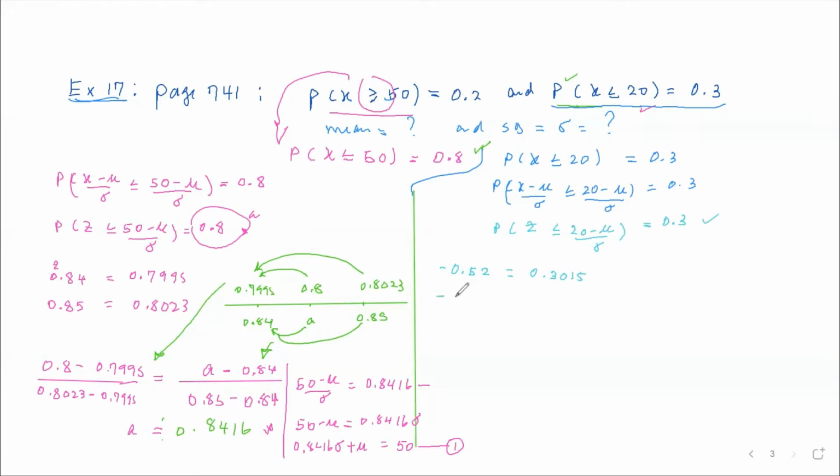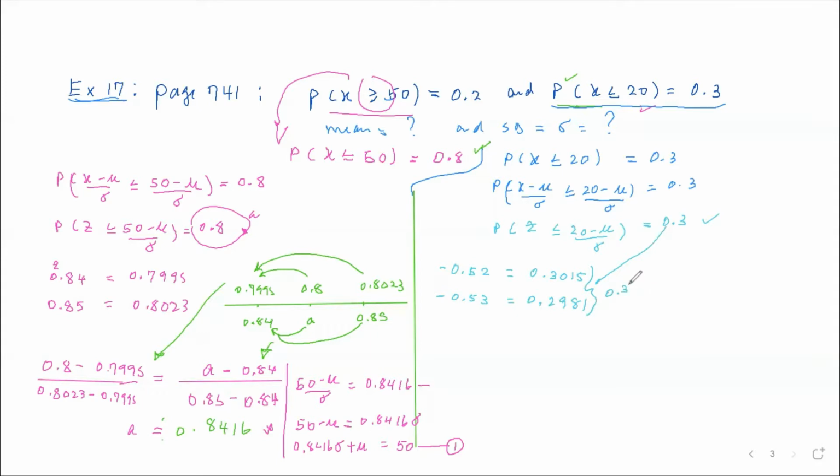And in between, 0.53 is equal to 0.2981. Go to see the table. So when you have this one, you can see 0.3, the area probability, is between these two numbers, right?